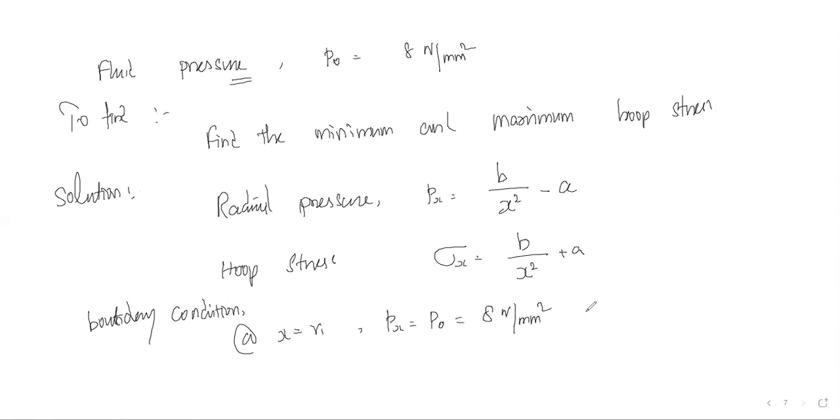From this value we are going to calculate. The second condition, we all know that at x equal to R2, px is equal to 0. So these two conditions we know, and from them we are going to calculate those values. So first boundary condition.